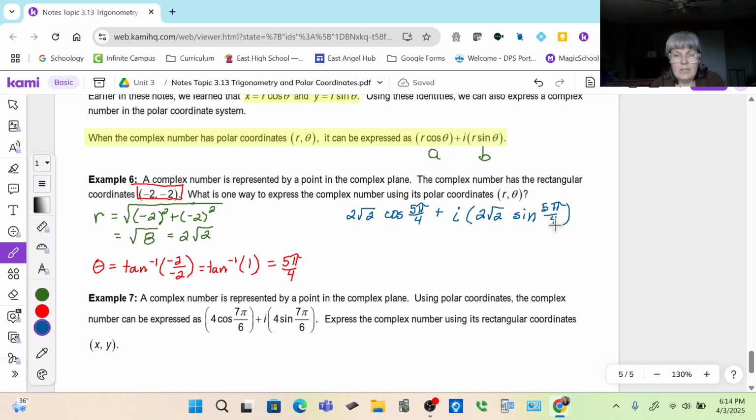And I'm going to simplify those values because I know using my unit circle what the cosine ratio is and what the sine ratio is for 5 pi over 4.